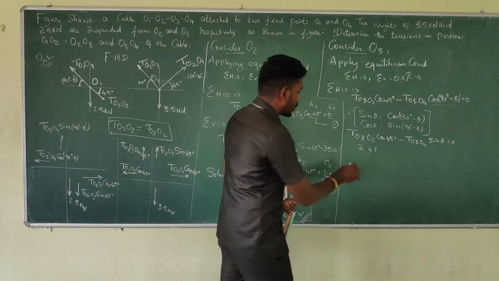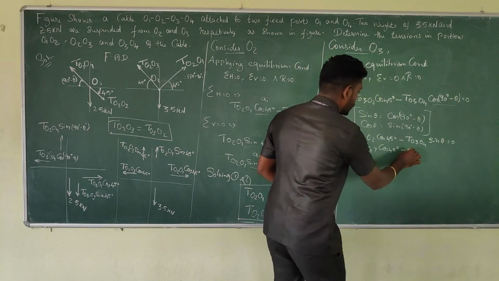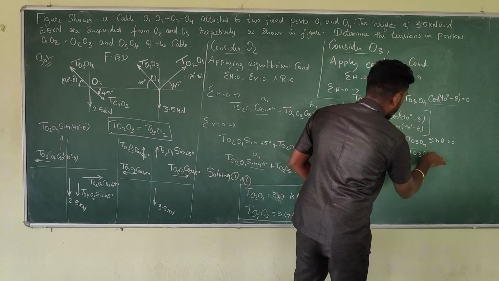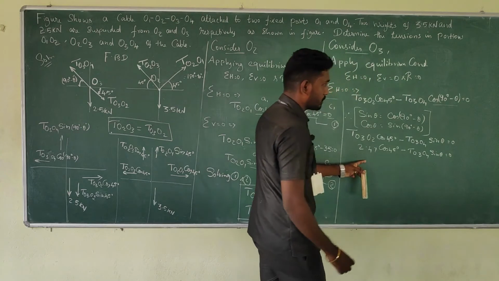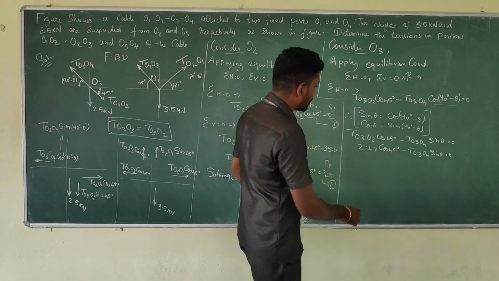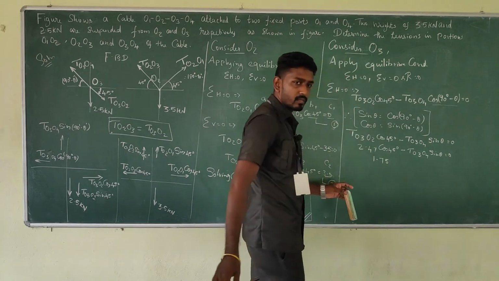2.47 cos 45 degree minus T O3 O4 sine theta is equal to 0. When you simplify this, you will get 1.75.